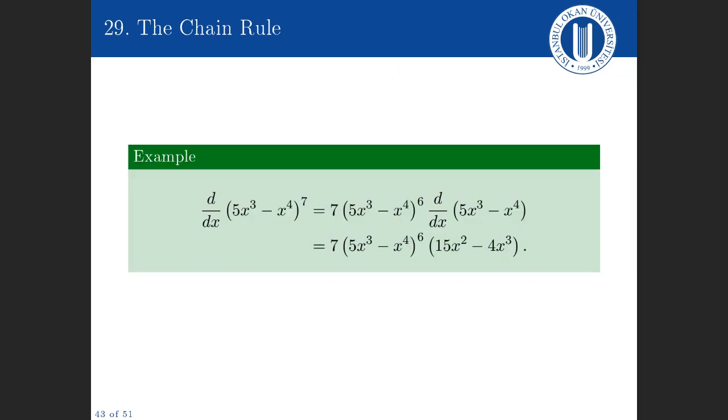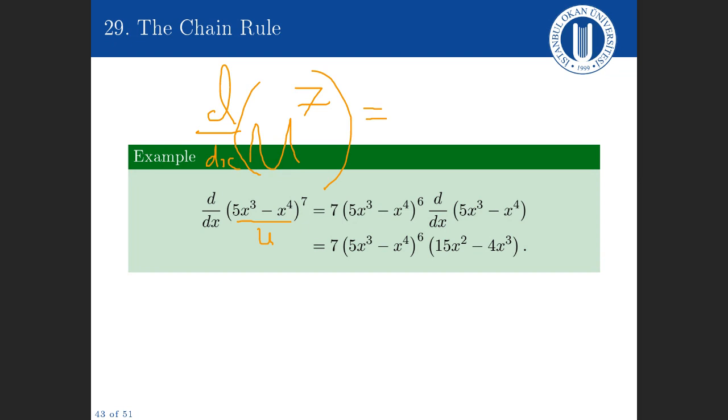For example, differentiate 5x cubed minus x to the power 4, all to the power 7. So we have a function u to the power 7, and then we want to differentiate it. Really, we're doing d dx of u to the power 7 here.